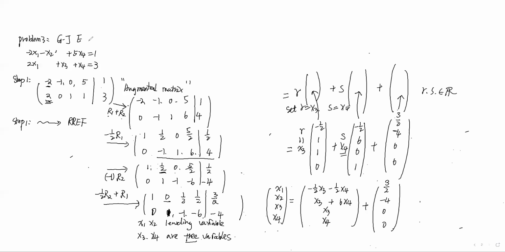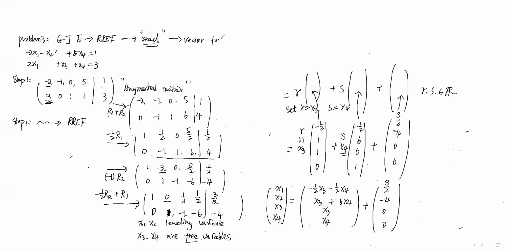Gauss-Jordan elimination, and you convert it into RREF, and then you read from the RREF matrix form. In general, I can read the solution directly. You read the solution and write it in vector form.